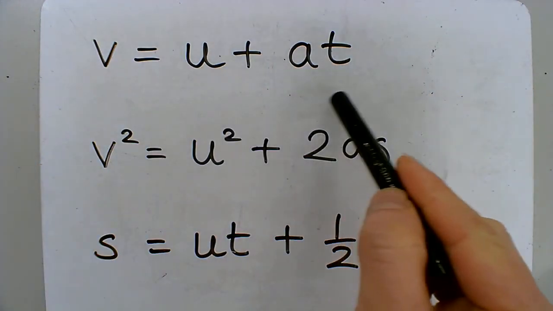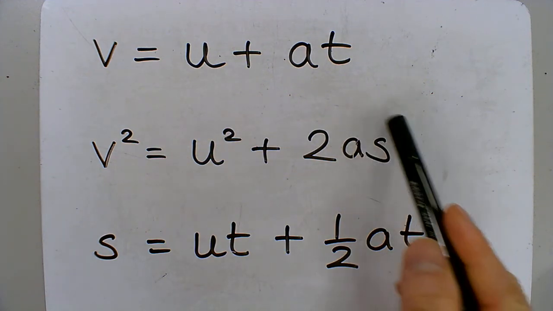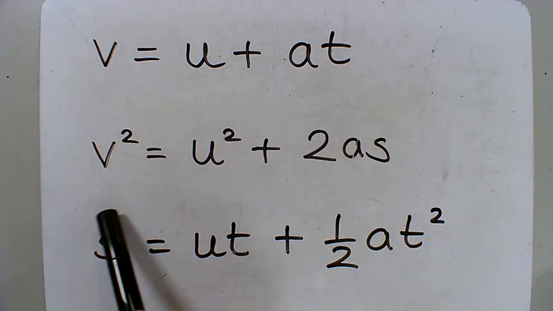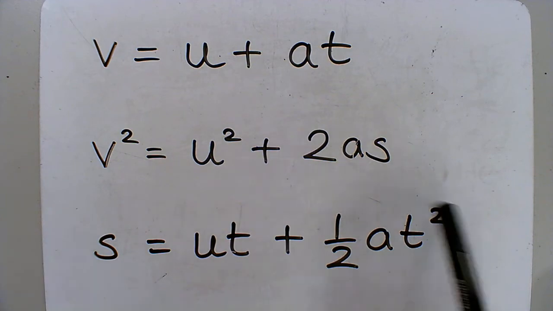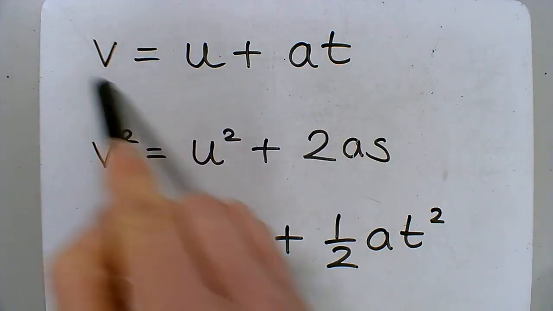You don't have any information about the displacement, so it can't be this equation, because it has displacement, and it can't be this one, because you don't have that information. So that only leaves this one as the correct one to use.